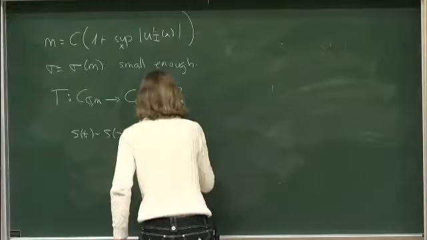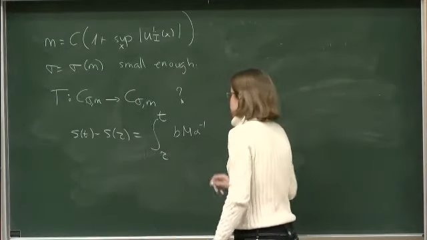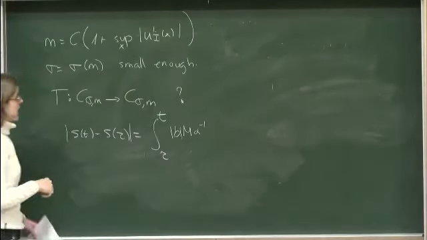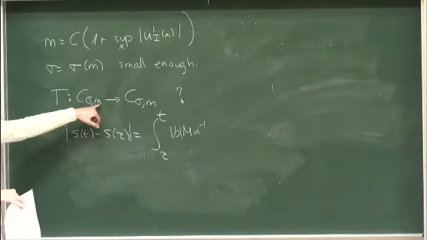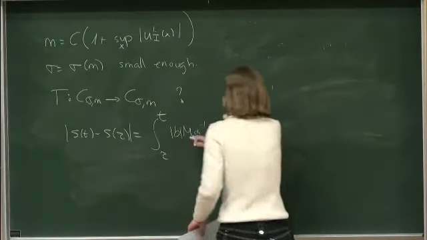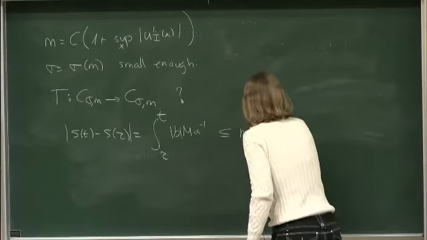And then, okay, you have some quantities here, d m alpha minus 1, don't worry. And since we are starting with things that have bounded norm by m, this is less than or equal to m times the difference t minus tau.